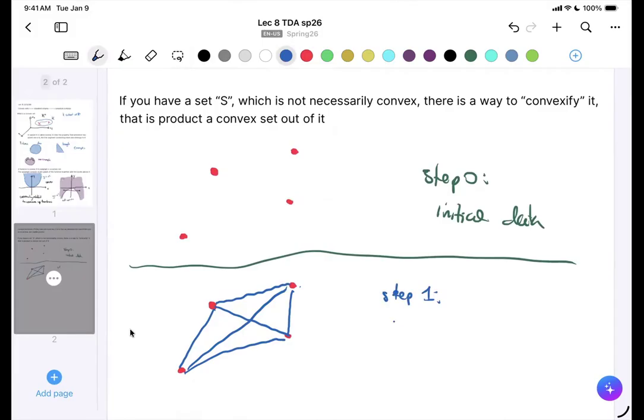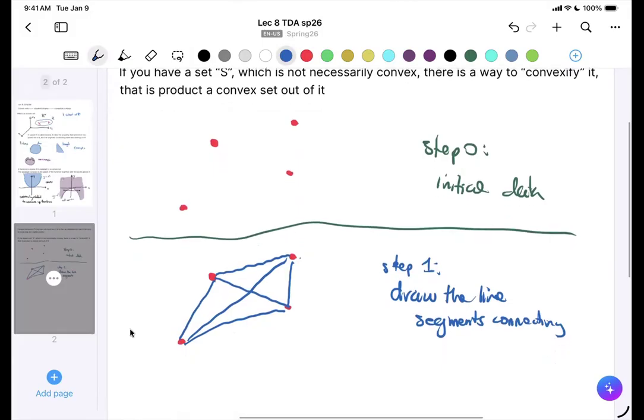Step one, draw the line segments connecting the vertices. And you may see where I'm headed. You want to fill that in. You almost have the skeleton or structure for what the convex set should be. Just imagine pouring in some water and filling it in.